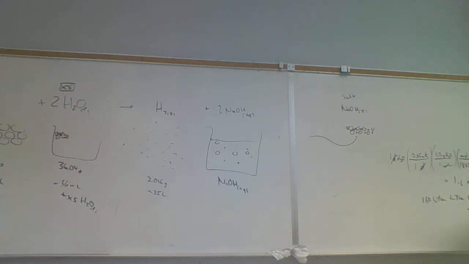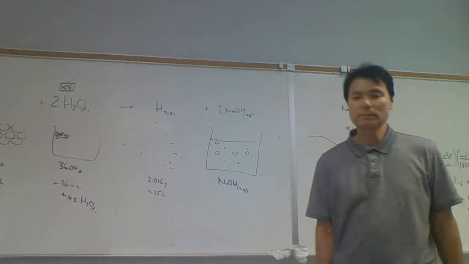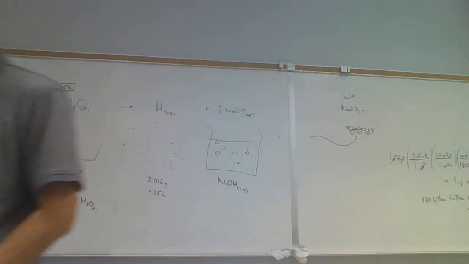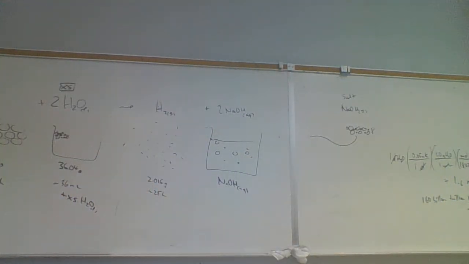But I don't like this format, so I'm going to skip this one and go to Chem Compact G. In Chem Compact G, page 127, I like the way it's formatted. It's a little bit easier for me to read.